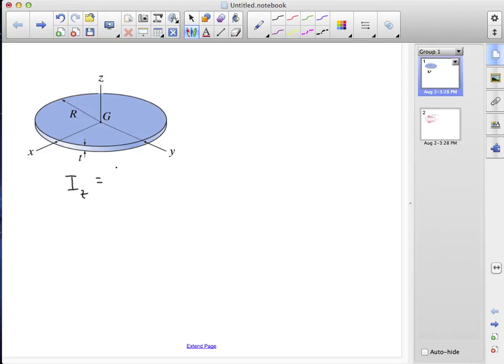We're integrating from 0 to r x squared times density times thickness times 2 pi x dx.